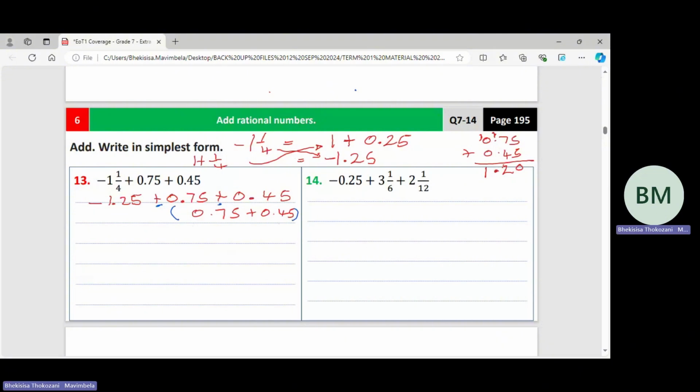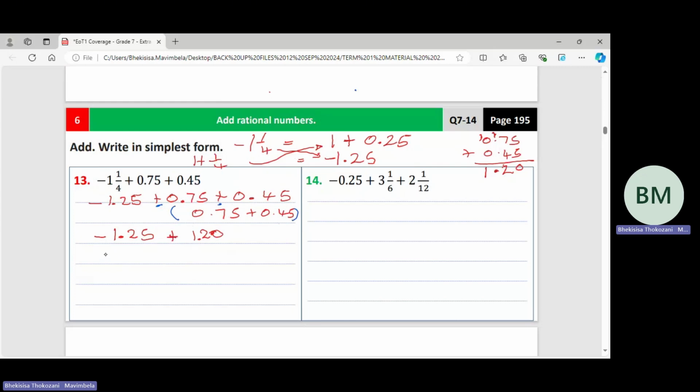Now it's not finished. Okay, it's not finished because remember, this whole thing here is plus 120. Okay, or rather 1.20 or 1.2. Here we have minus 1.25. So 1.25 plus 1.20. Okay.